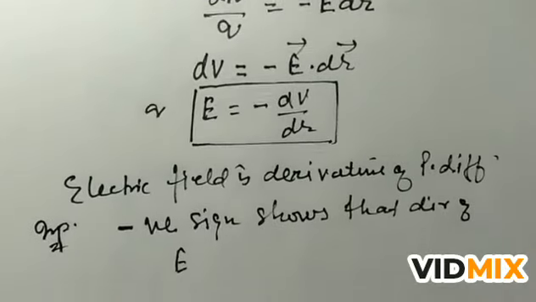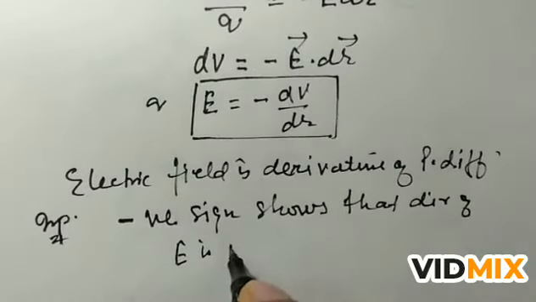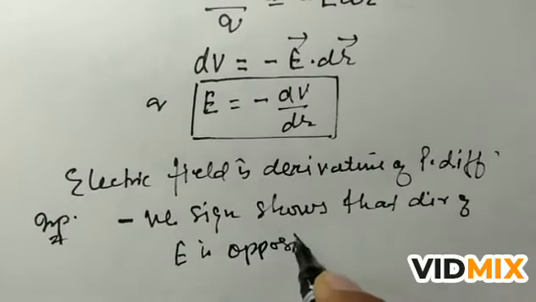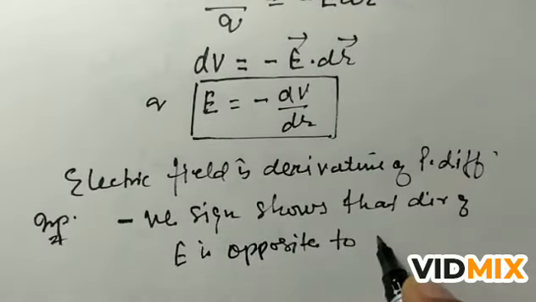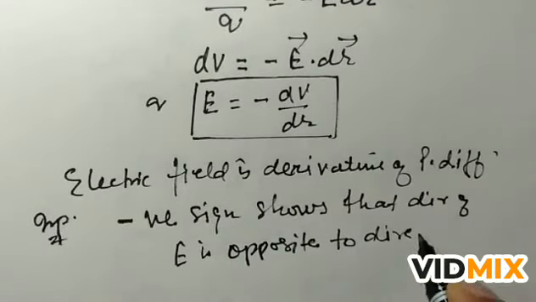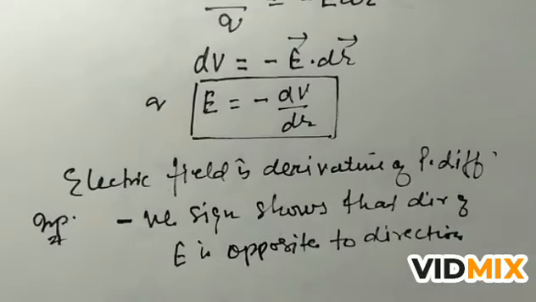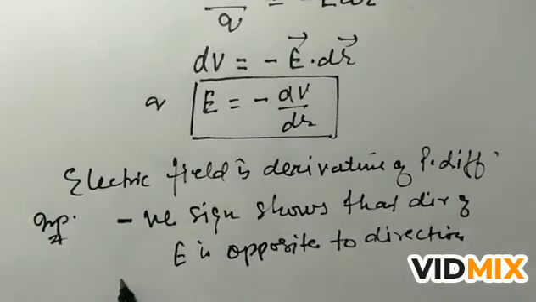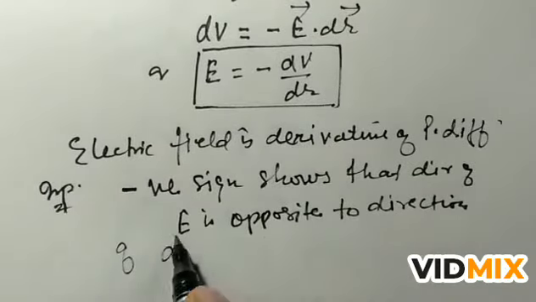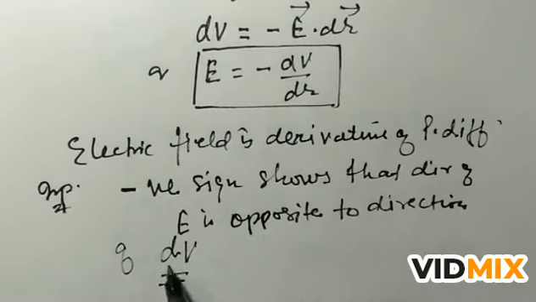is opposite to the direction of dV, meaning in the direction of electric field potential decreases.